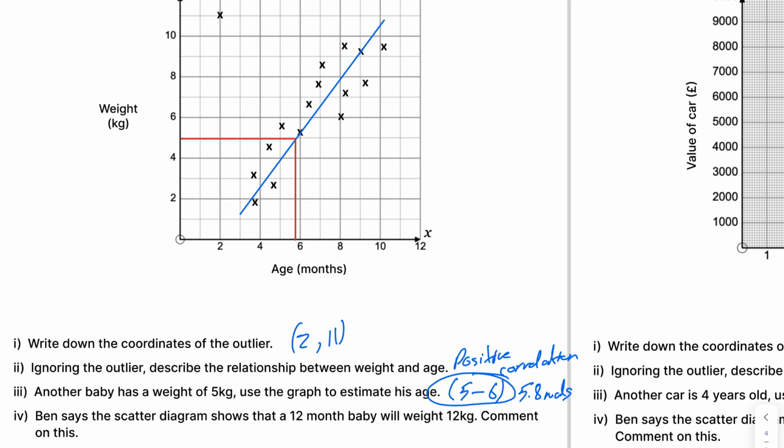So the comment I'm looking for here is that we don't actually have any data for a 12-month baby. There's nothing here that we can use. So we're going to write down that there is no data for a 12-month baby.